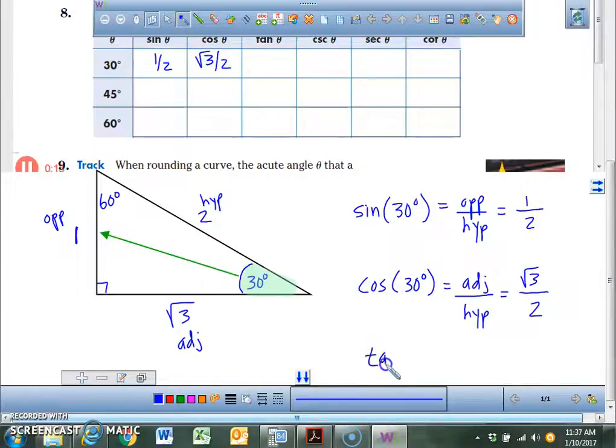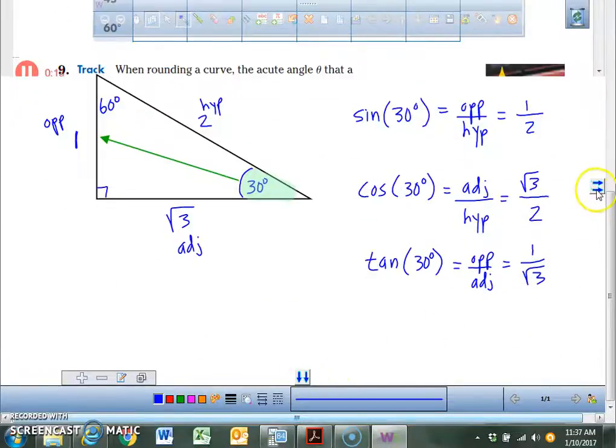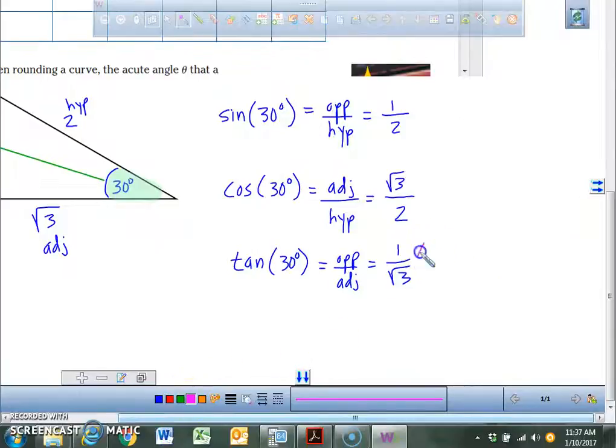Last but not least, let's do the tangent of 30, which is the opposite side in relationship to the adjacent side. What is our opposite side? 1. Adjacent? Uh-oh, we can't have an irrational number in the denominator. What are we going to do? I'm so confused. I like it.